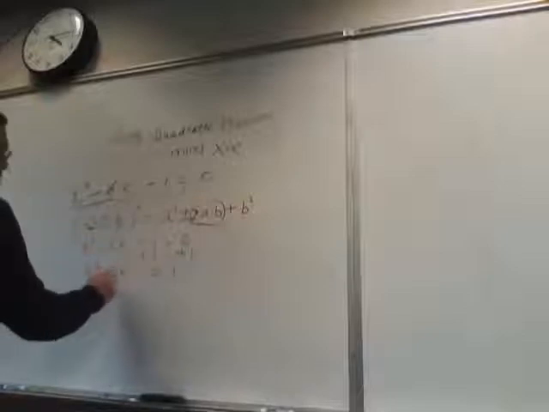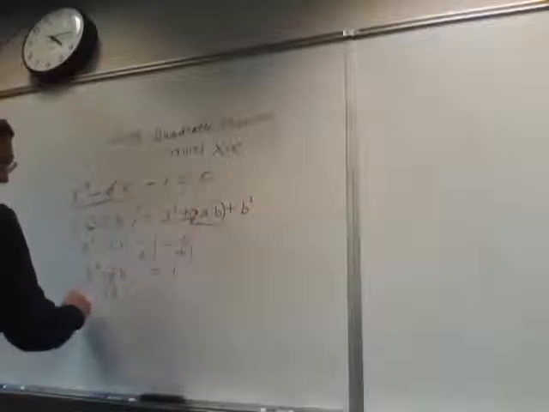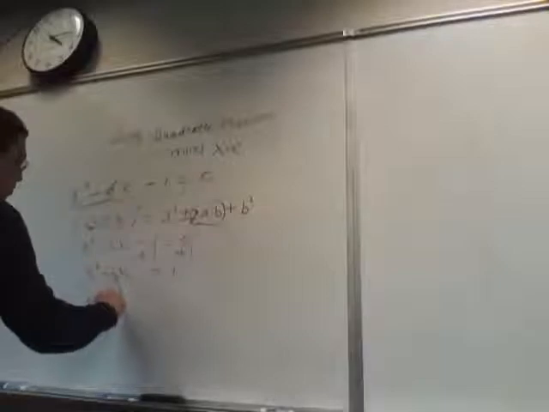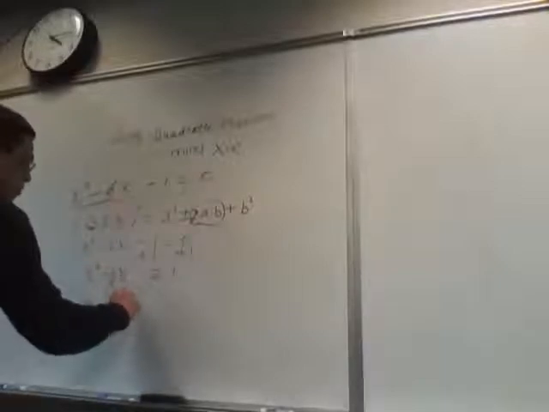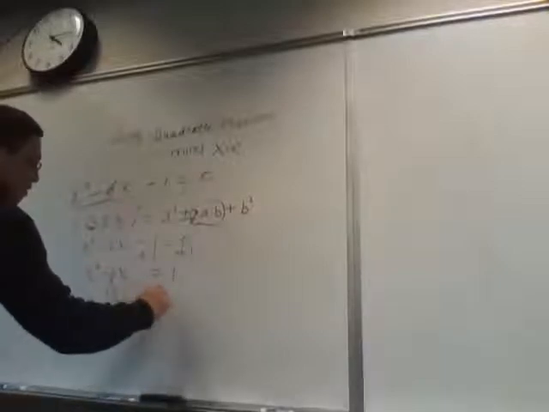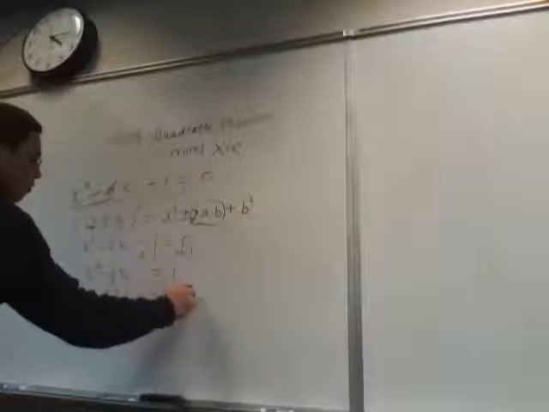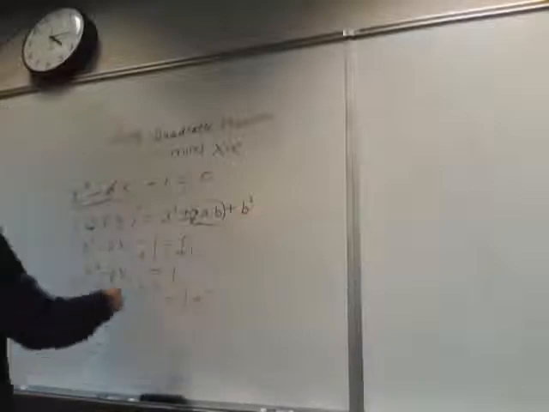So this 2 times a times b, you can break down as 2 times 3, right? That means x squared minus 2 times 3x plus something, and 1 plus something.